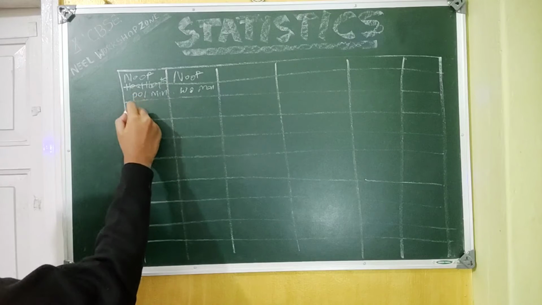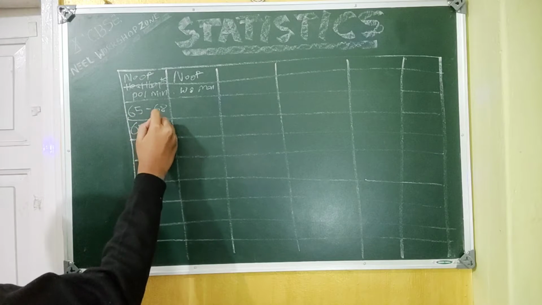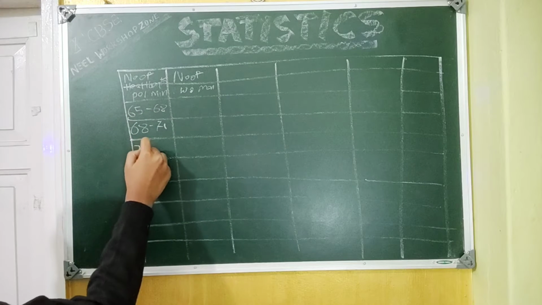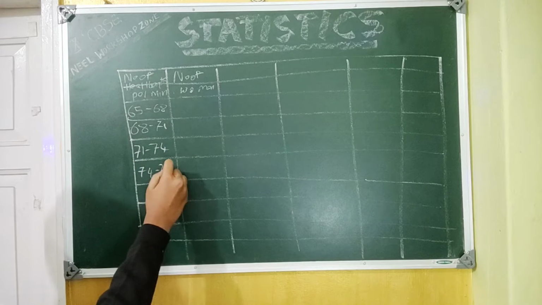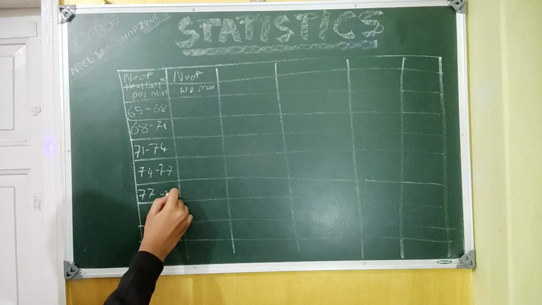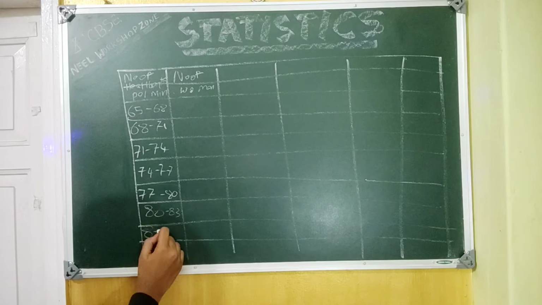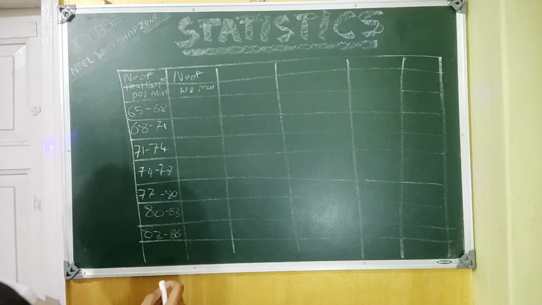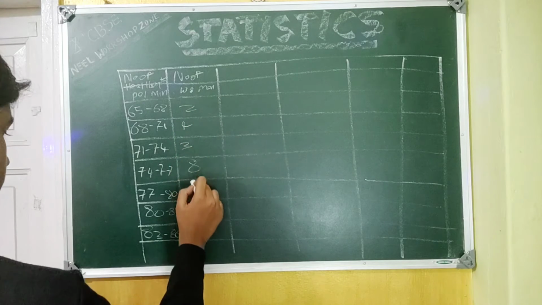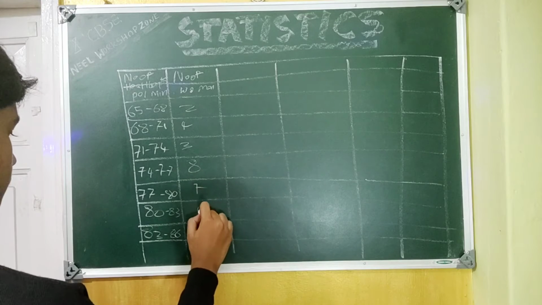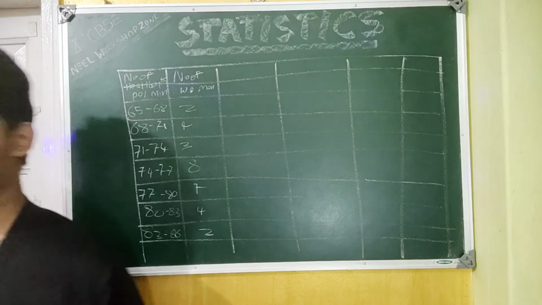So here let's write the information: 65 to 68, 68 to 71, 71 to 74, 74 to 77, 77 to 80, 80 to 83, and 83 to 86. Now let's write 2, 4, 3, 8, 7, 4, 2. So now that we have written the question, let's actually do the sum.